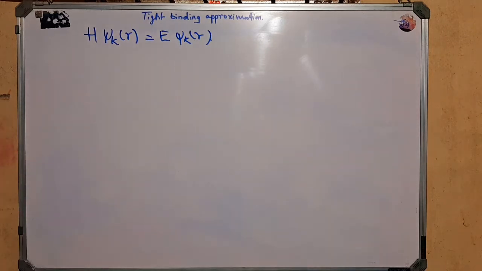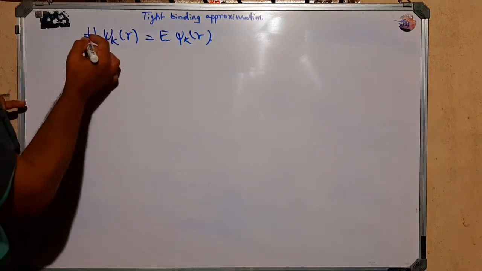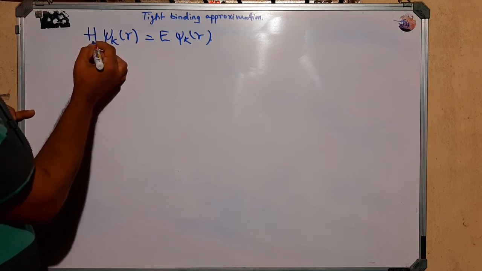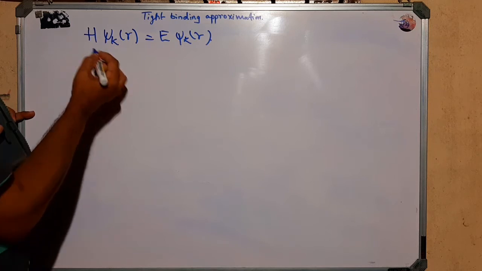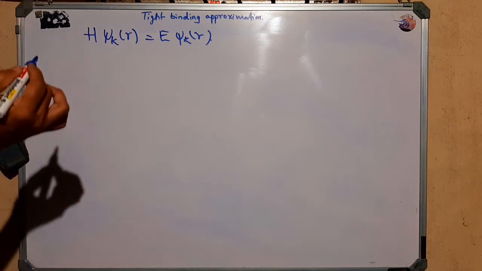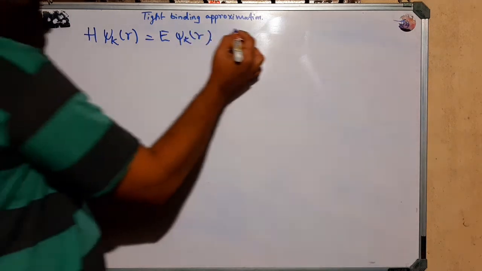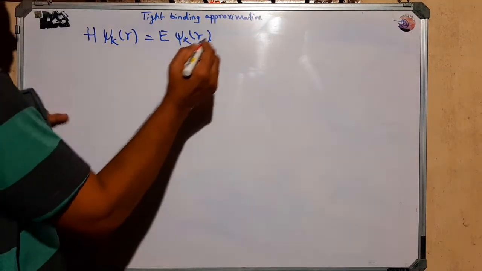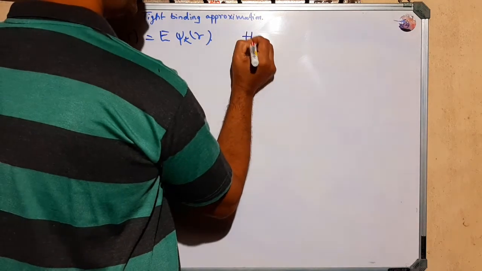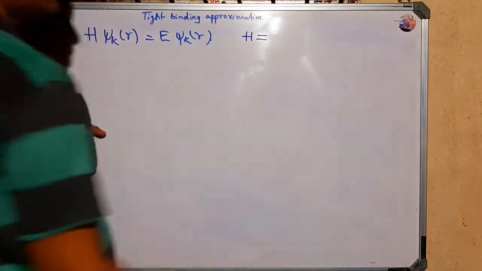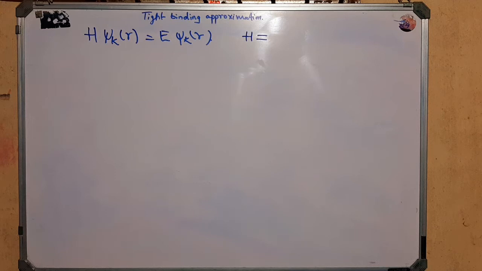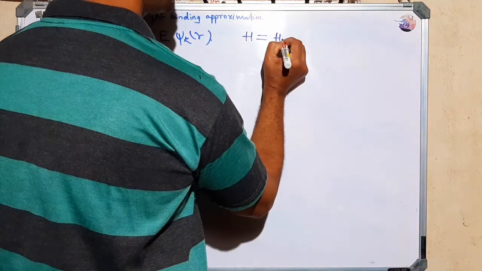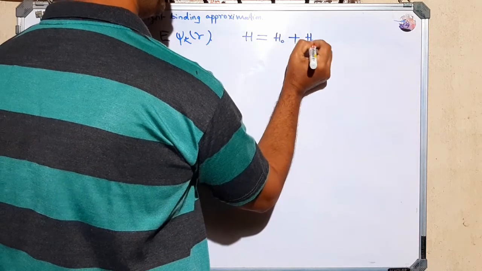Now this crystal Hamiltonian may be written as a sum of the Hamiltonian for a free electron. That means, let us consider the total Hamiltonian H is composed of two parts, H0 and H1.